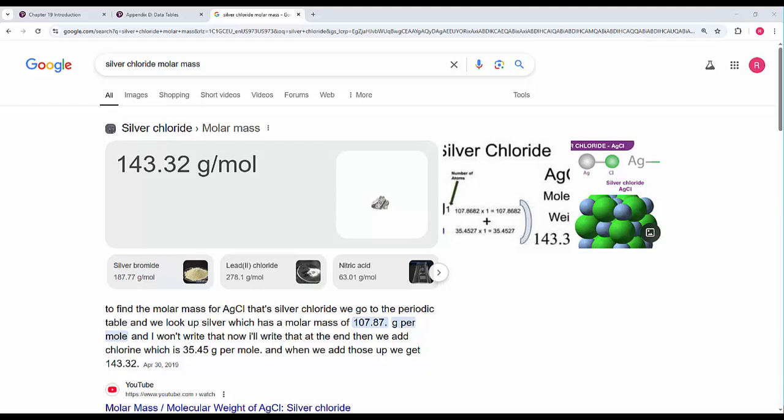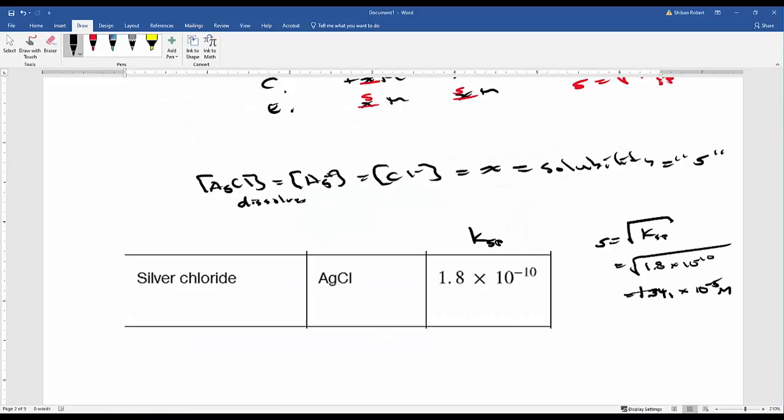We have the solubility in terms of molarity, and now we're also going to get the solubility in terms of grams per liter of solution, not per milliliter of water. So let's do that. It was 143.32 grams per mole.